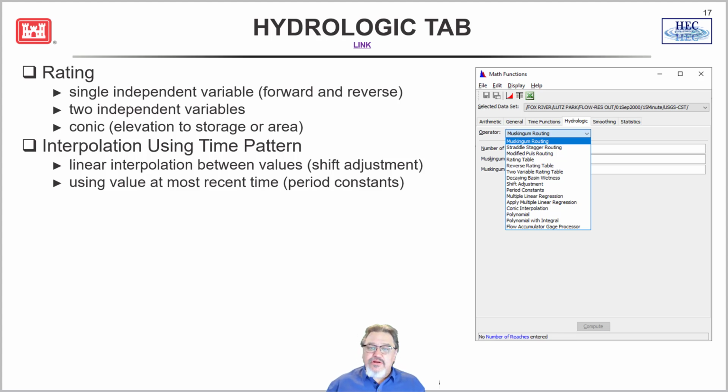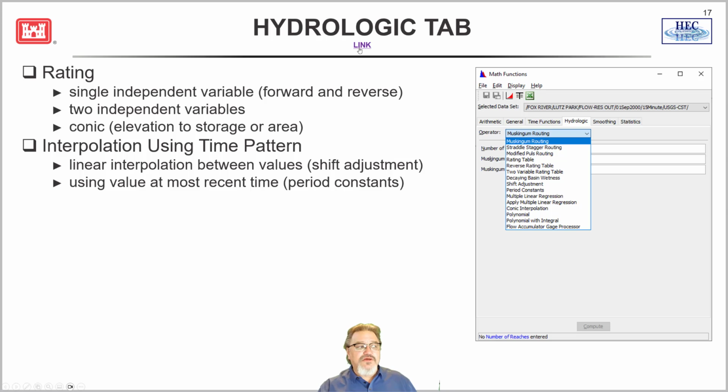And then here you have shift adjustments and period constants. They're both interpolation using a time pattern, but they have different ways of doing it. And some of this stuff gets a little esoteric to describe. If you get the actual slides for this presentation, I know you can't do it on the video, you'll notice that on several of the slides I have this thing up there that says link.